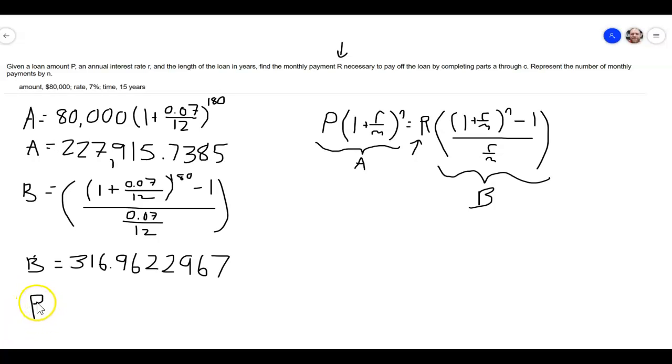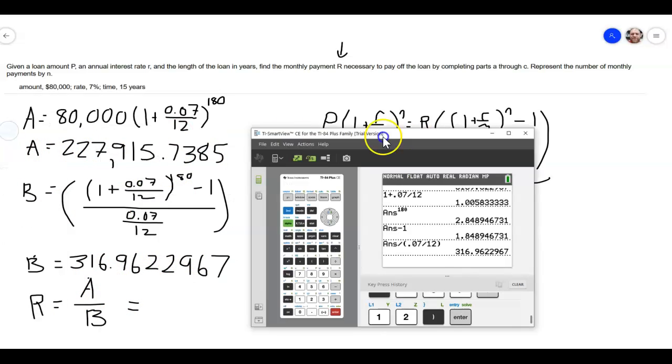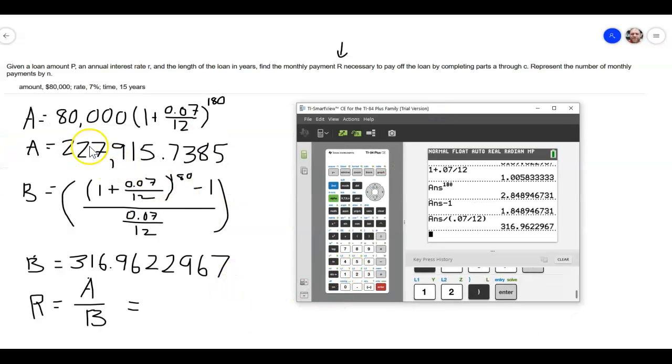So R is going to be equal to A divided by B, right? Because I can just divide both sides by B. So it's going to be equal to this divided by this. So let's go ahead and do that. It's going to be 227,915.7385 divided by B, which was my last answer there.